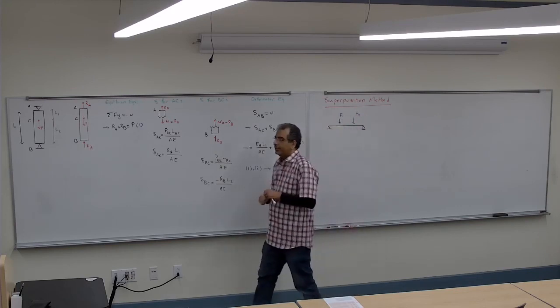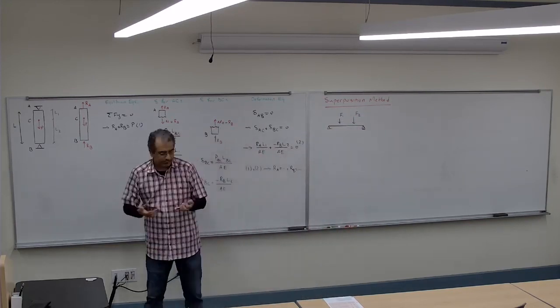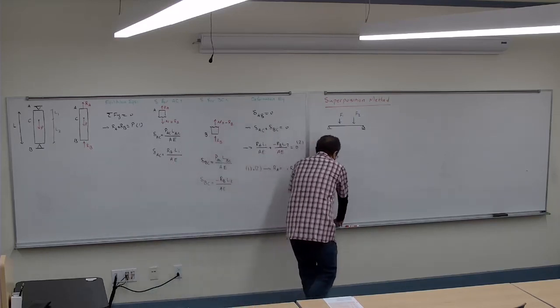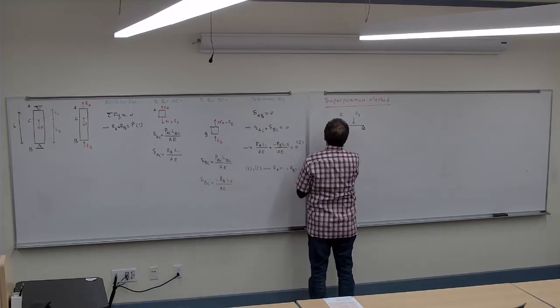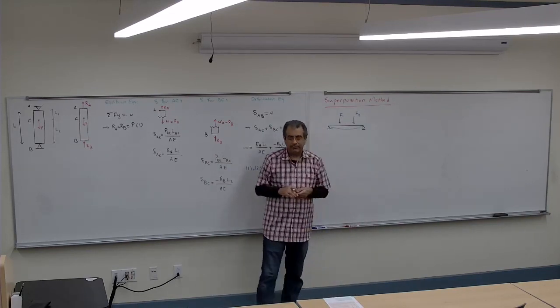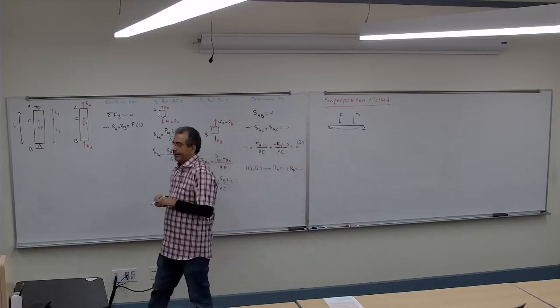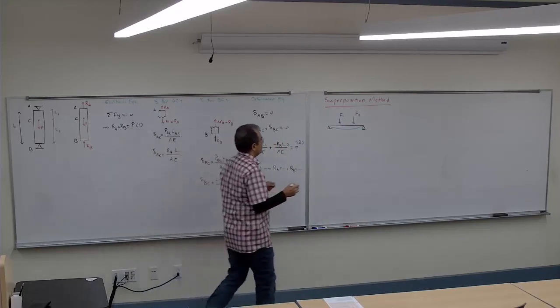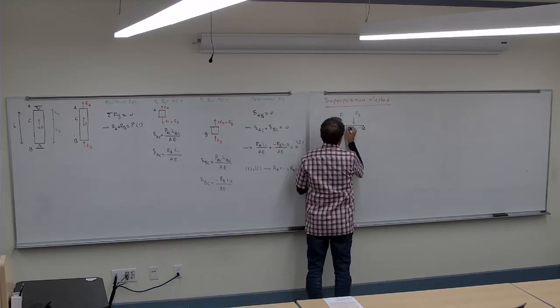And I know that it's going to have some deformation, so it's going to deform to something like this. I'm going to exaggerate it, but I assume it deformed to that green line. And at the center, the total deformation is delta.